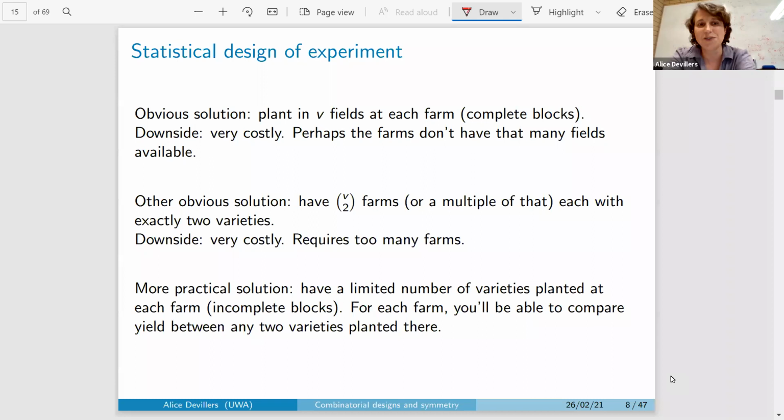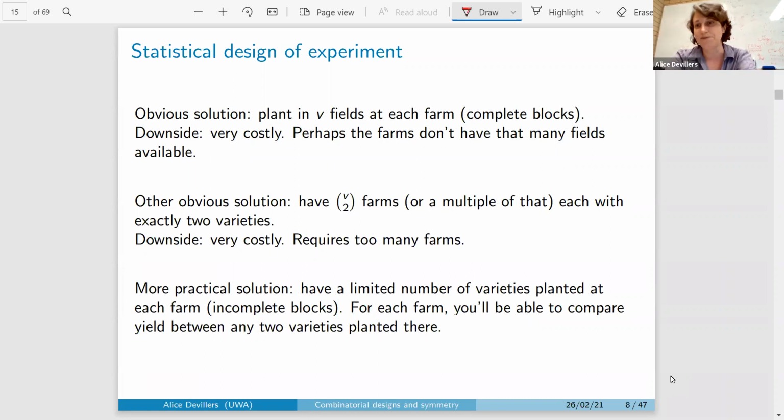One obvious solution would be to plant all V varieties in V fields at each farm, and that's what's called complete blocks. But that would be very costly. Most of the time, the farms wouldn't want to lose V fields for this experiment.